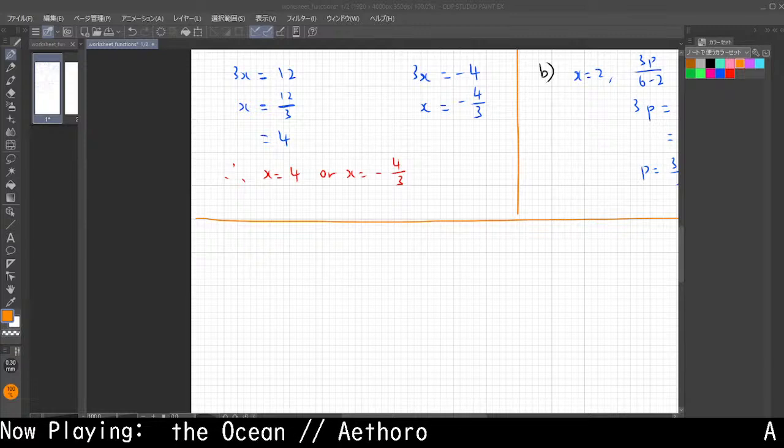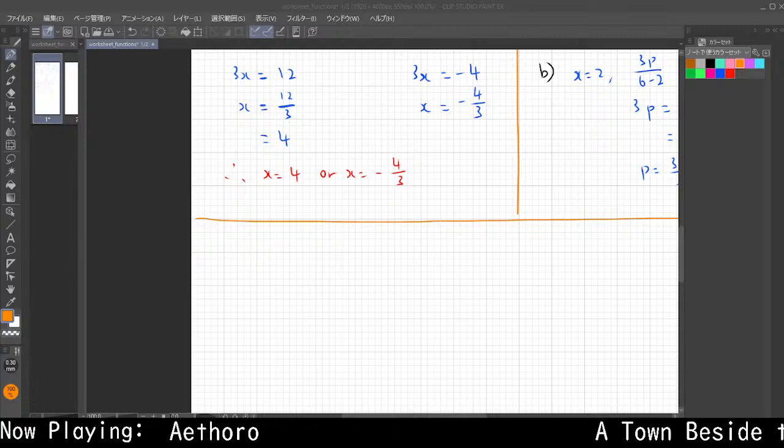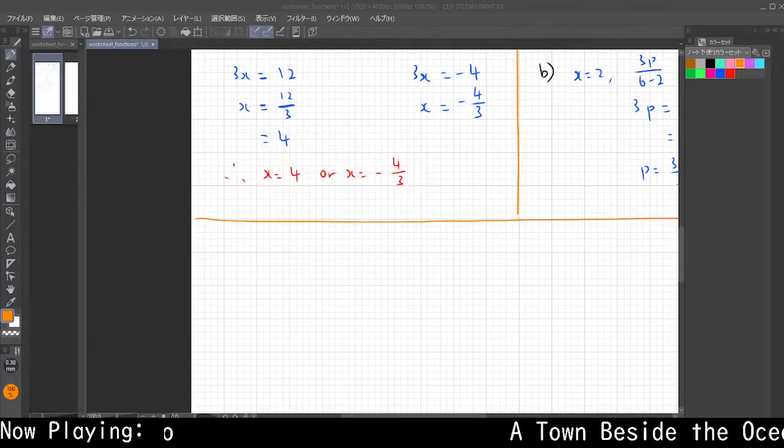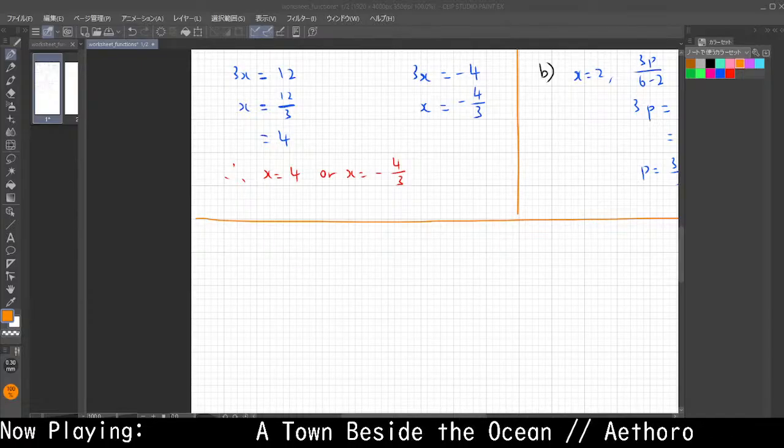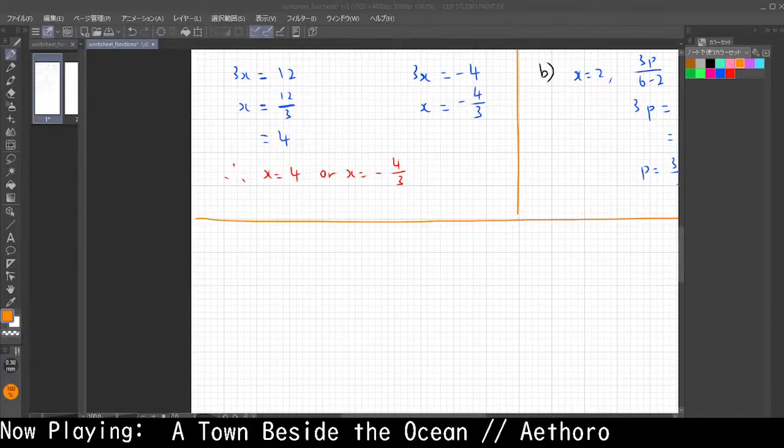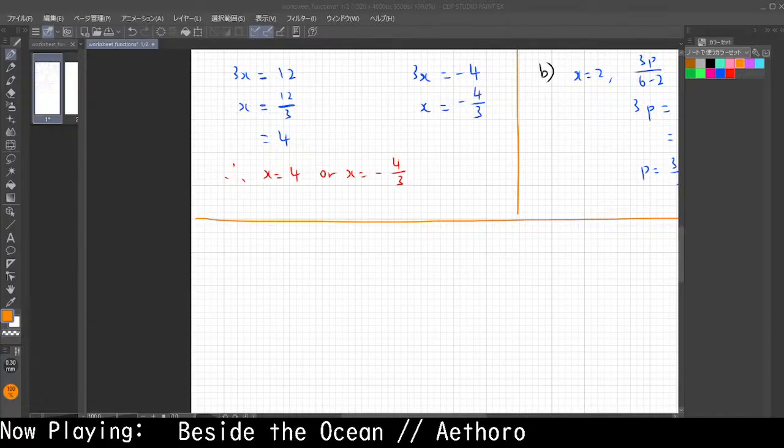Okay, next. Question 6. You are given a graph, a V-shaped graph that's an absolute value. And you're given f(x) is 2 times the absolute value of 2x minus 3, plus k.